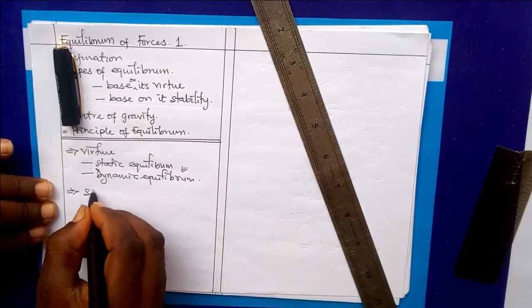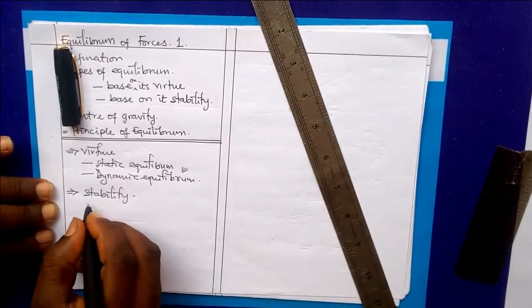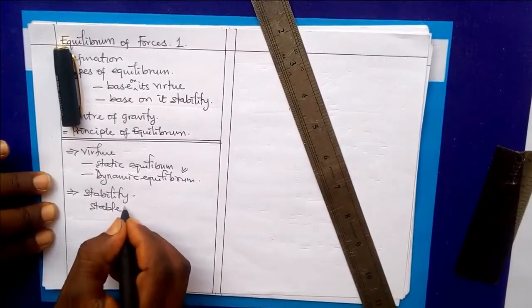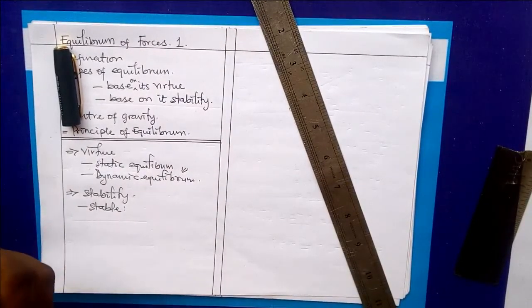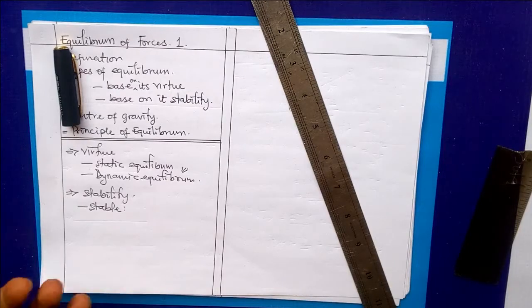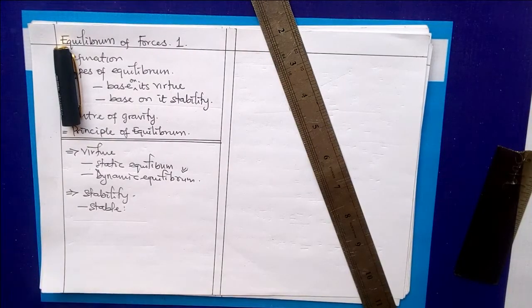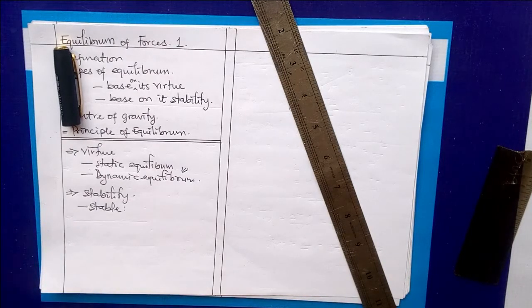Based on stability, we have what is called stable equilibrium. In stable equilibrium, a body is said to be stable if it is slightly displaced and it returns back to its original position. If it is slightly displaced and it returns back to its original position, we say that body is in stable equilibrium.